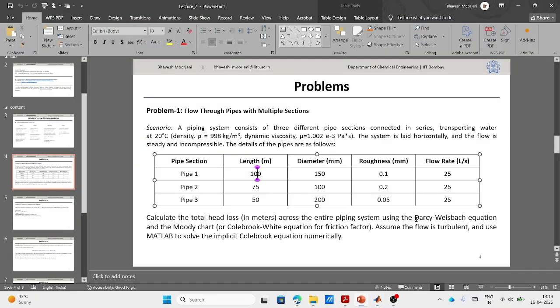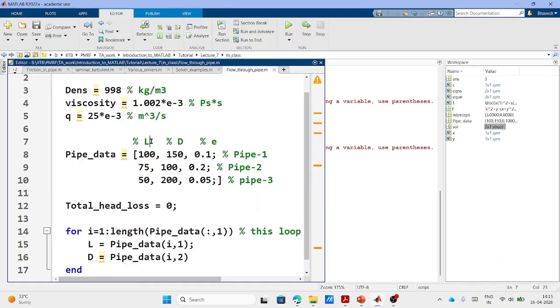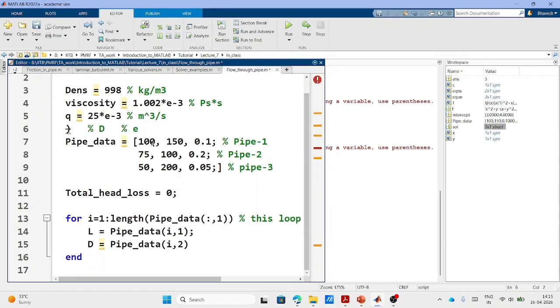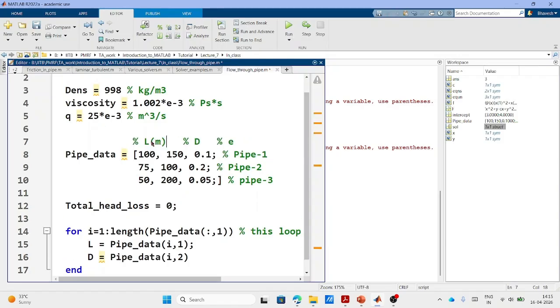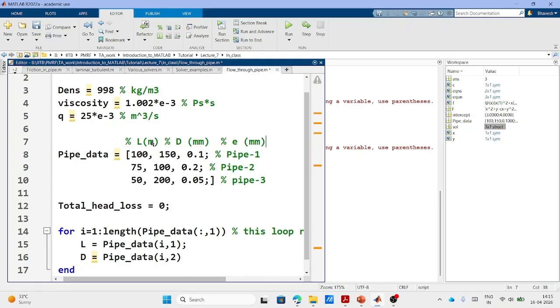Now here, one thing: these diameters are in mm and roughness is also in mm. So it's better to put a notation so that you know which unit your data is in. So I will convert them into meters. Here diameter will become D by 1000.